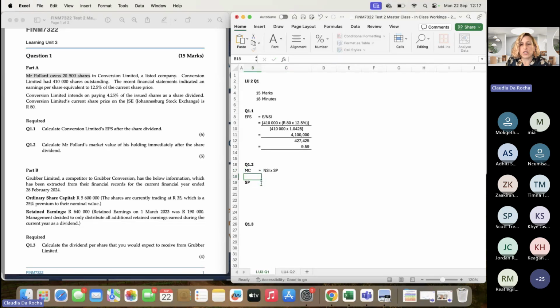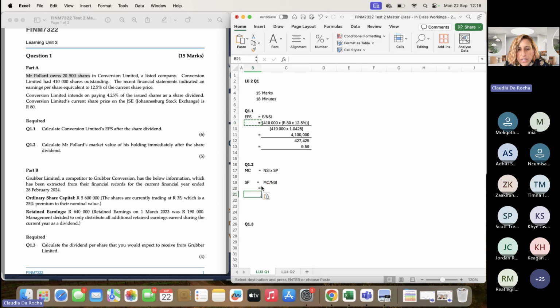So it's going to be our share price, okay, is our market capitalization divided by NSI. So literally all I've done is I have manipulated this formula. I've taken the S on the other side, or kept the S on the one side, I'm saying I've got to divide MC by NSI. Okay.